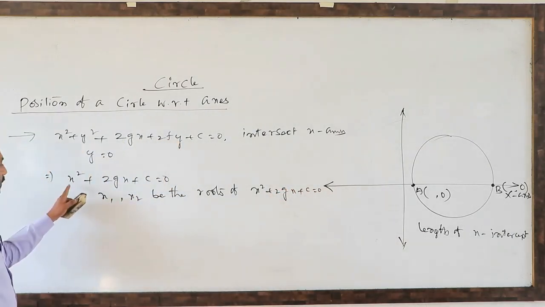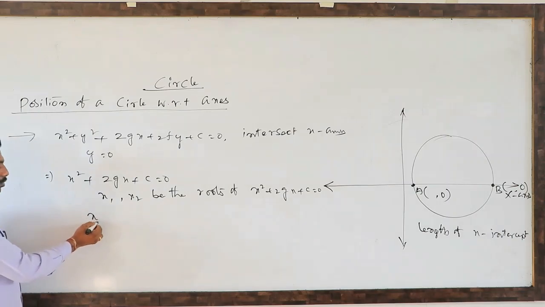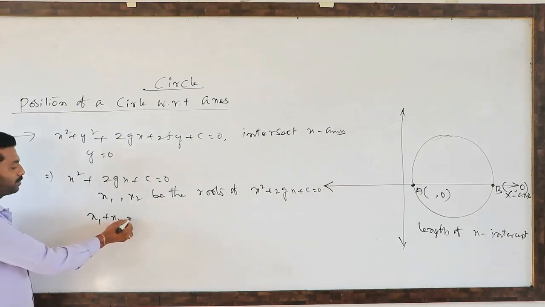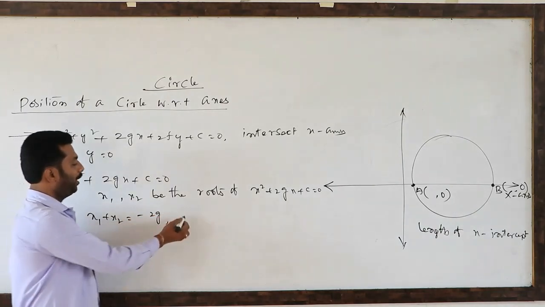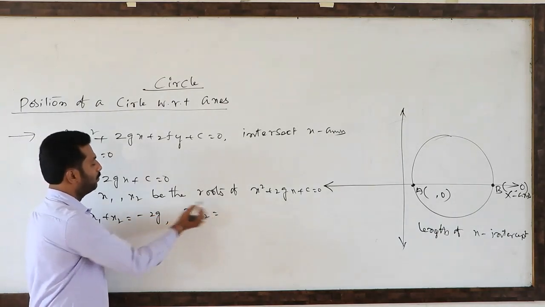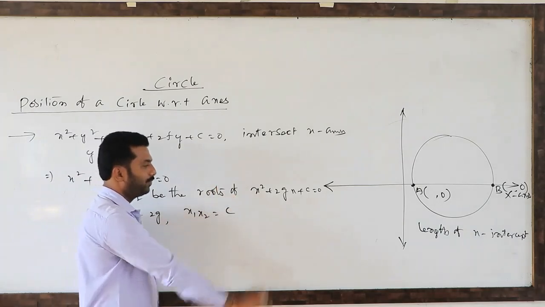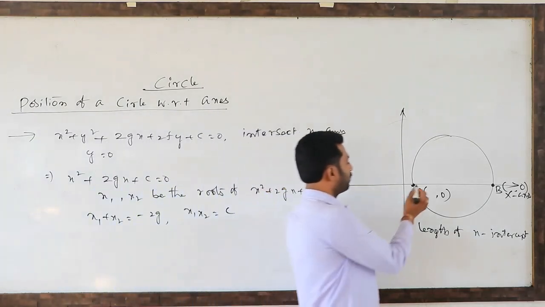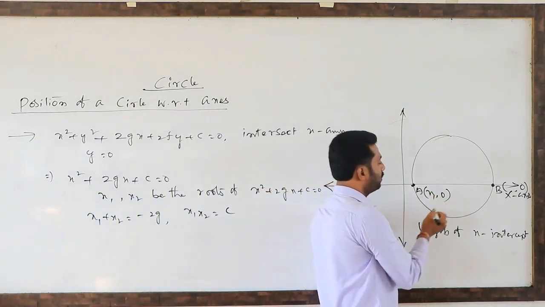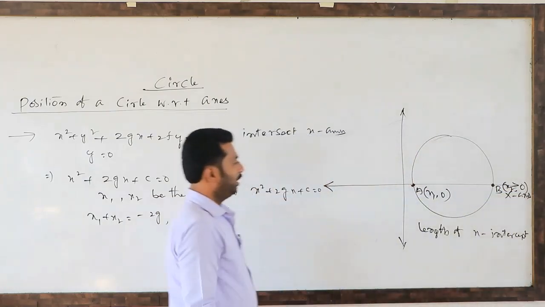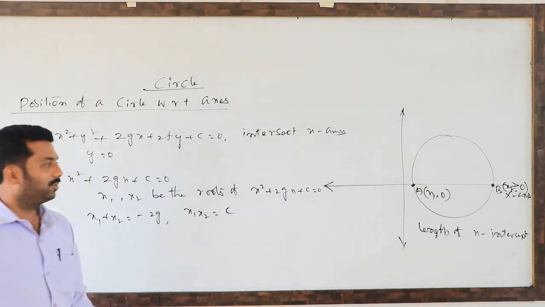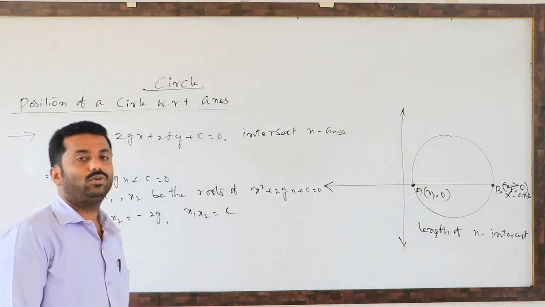Then for the sum of the roots, you observe x1 plus x2 equals minus 2g. The product of the roots x1 x2 equals c. Very clear, the roots are x1, x2, so this is x1, this is x2. Clearly the A point is (x1, 0) and the B point is (x2, 0).